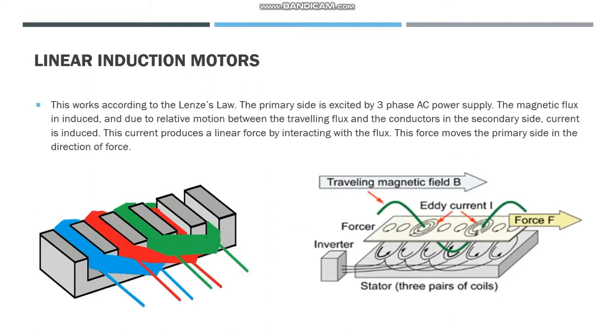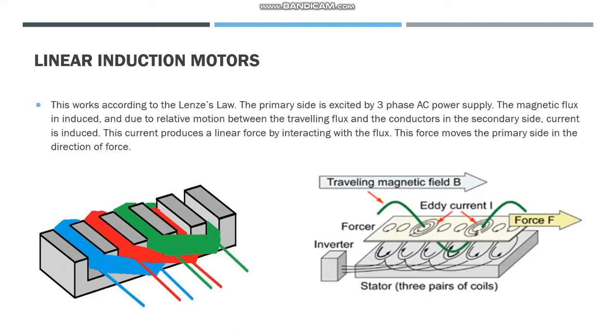So we will only talk about linear induction motors here, and their working and applications. They work on the principle of Lenz's law, and I have talked about their simple working in the previous slide, where we provide a three-phase AC power supply and magnetic flux is induced.